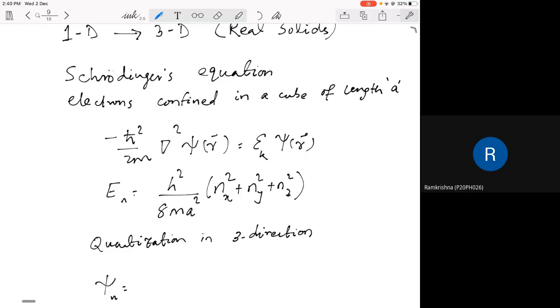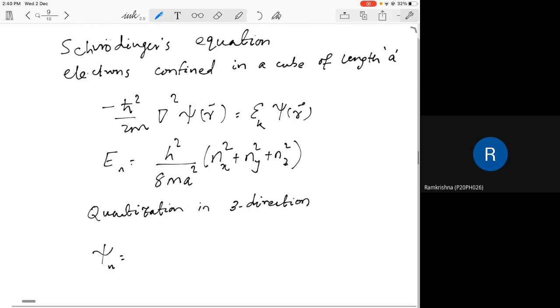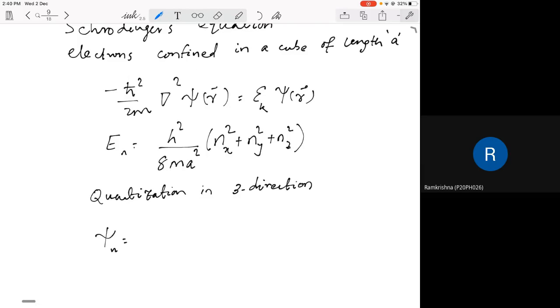Although not easy to solve, you can start with your Schrodinger equation again, in a three-dimensional form. Let's say the particle is now confined in a cube of length a.